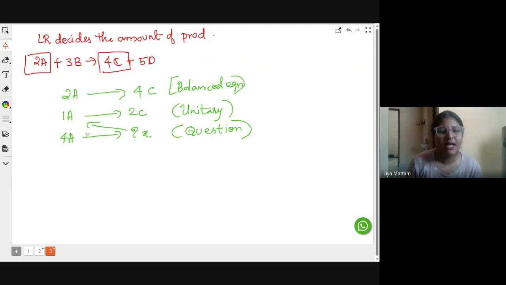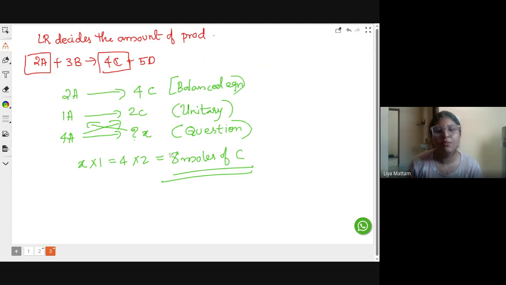For that, we have to cross multiply. X into 1 is equal to 4 into 2, which is 8. If 1 mole of A gives 2 moles of C, 4 moles of A gives 8 moles of C. So how much product C is formed? 8 moles of C is formed from 4 moles of A.